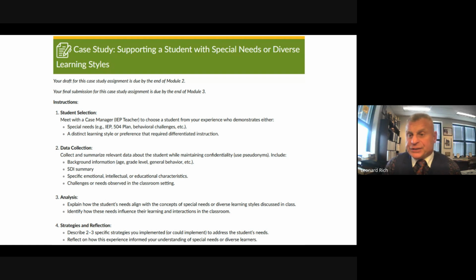Let me suggest something as well. In your scenario, I would have a conversation with the case manager about the following. I'm going to assume that you do not believe this is a reasonable accommodation. Remember, it's a reasonable accommodation. It's not an unlimited accommodation.